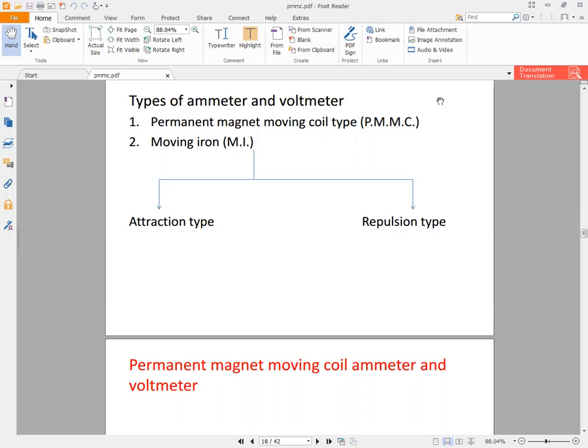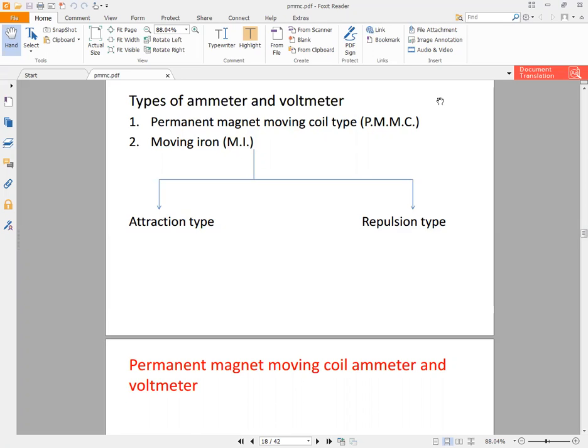But there are different types of instruments like the moving coil instrument and the moving iron instrument. These are basically the two types of instrument: permanent magnet moving coil and moving iron instrument.